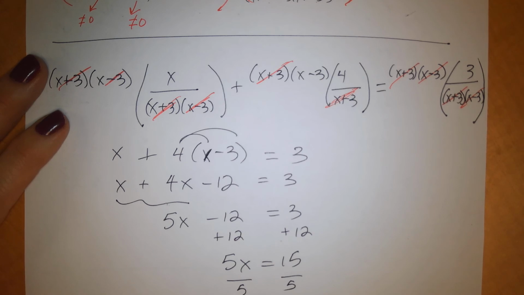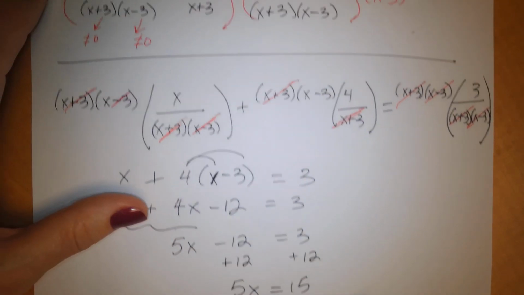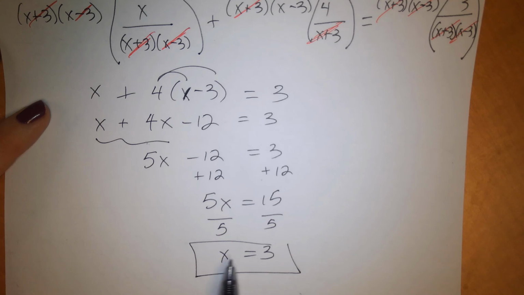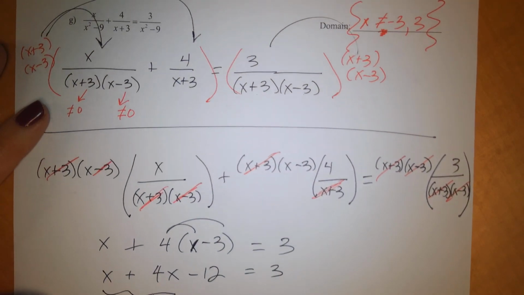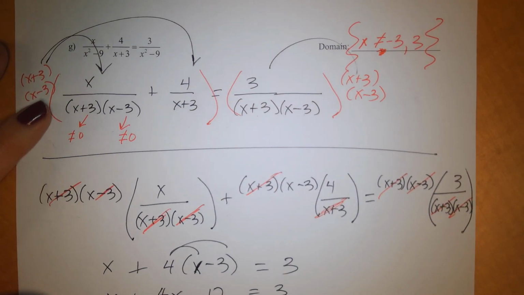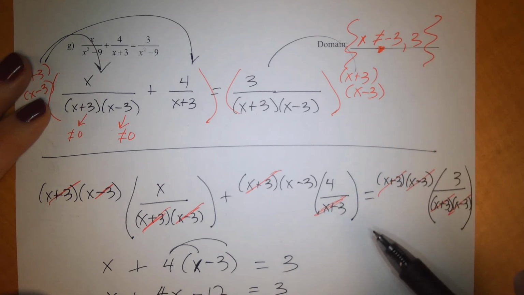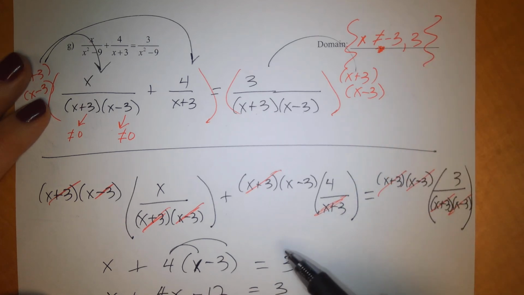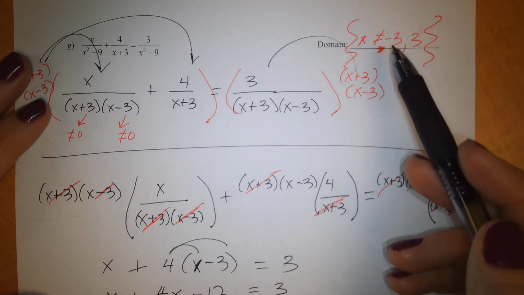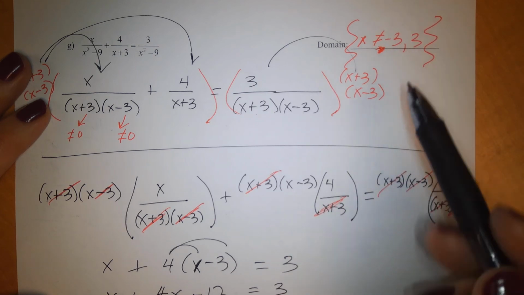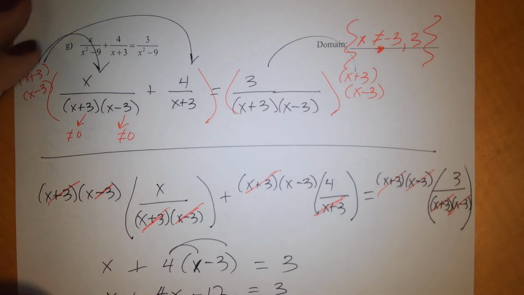Is this in my domain? Excuse me. Is this answer in my domain? Well, at the very beginning, we said x cannot be -3 or 3. So it turns out that our answer that we found down here is not in my domain. X cannot be -3 or 3.